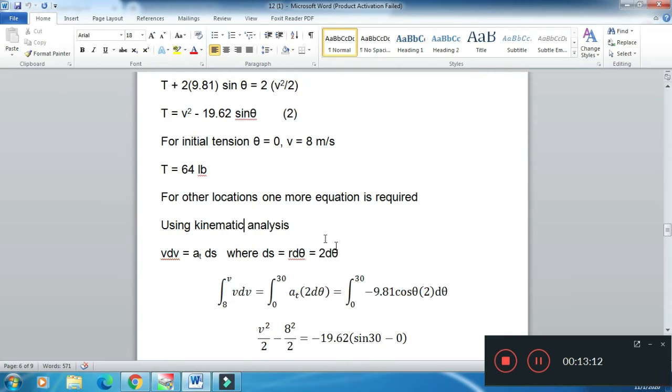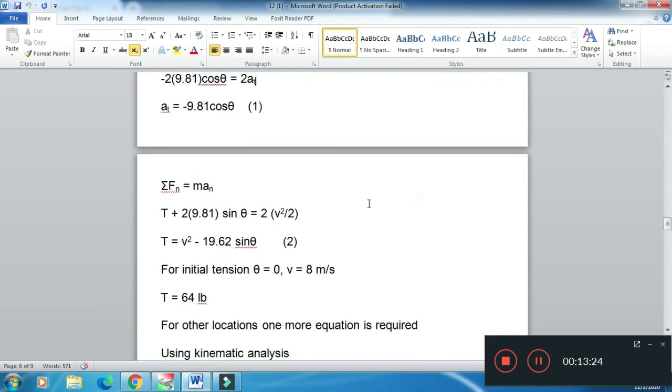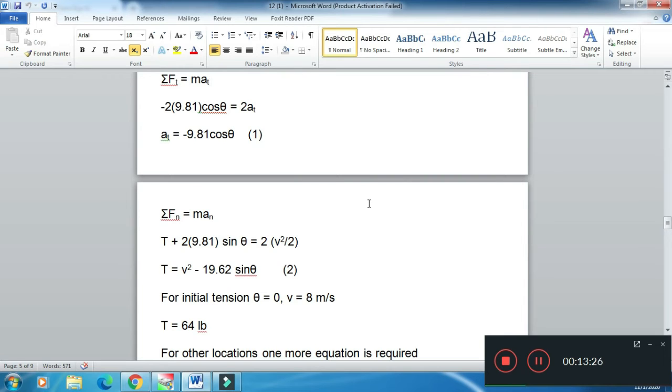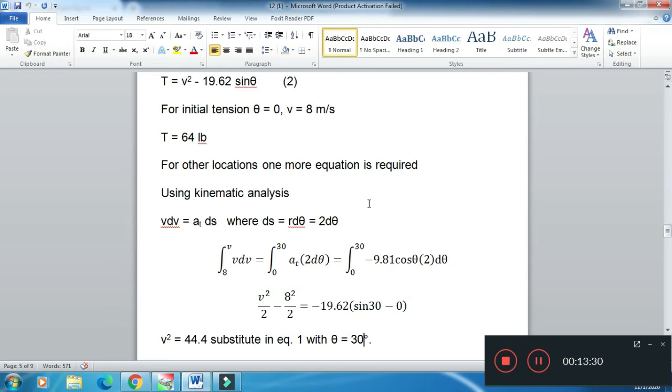So instead of ds we write 2 d theta, and instead of a_t we write minus 9.81 cos theta. The limits are 8 and v. 8 is the initial velocity, the initial angle is 0, and the final angle is 30.